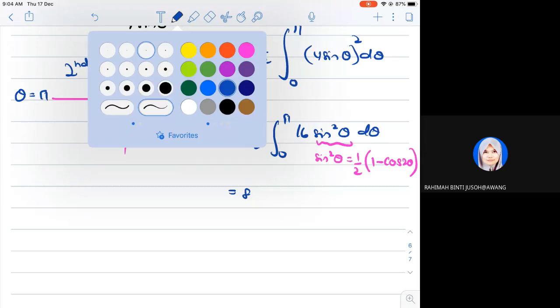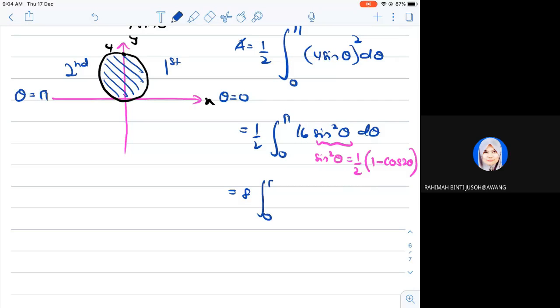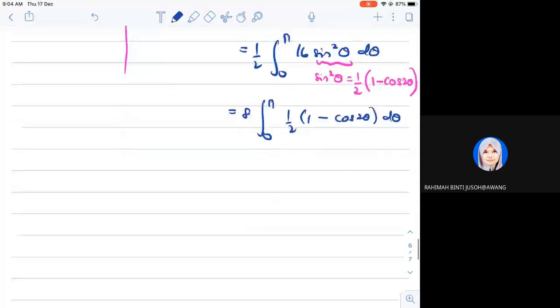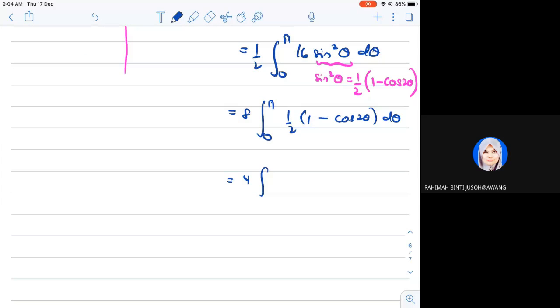Okay, so let us proceed. 0 until pi. So we have 1 over 2 times 1 minus cos 2 theta d theta. So we have 4, integral from 0 until pi of 1 minus cos 2 theta. So we have theta minus, okay, the integral of negative cos, we will get negative sine 2 theta over 2.